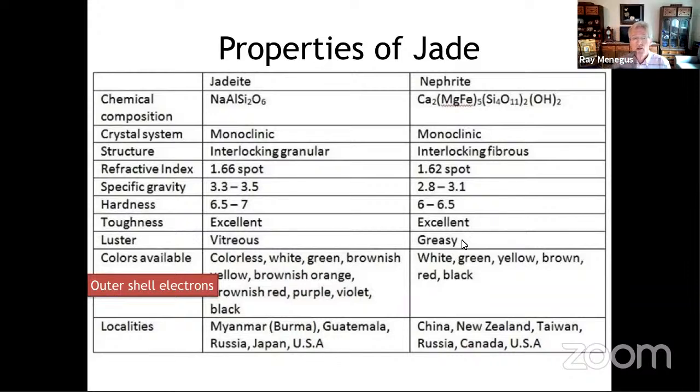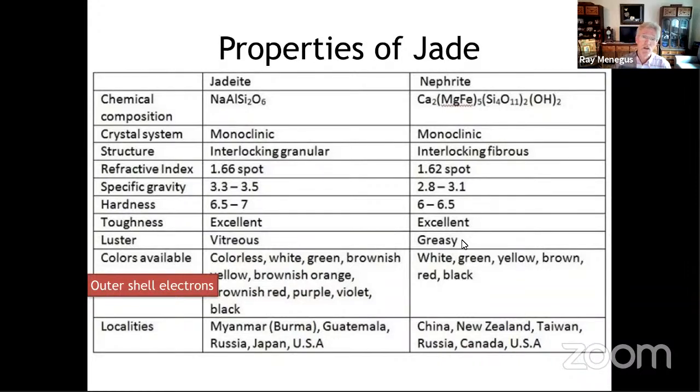Now, here this describes it as vitreous and greasy, but I've talked to gemologists, and they say you can tell the difference in your hand: jadeite feels cool in your hand, whereas nephrite will feel warm.